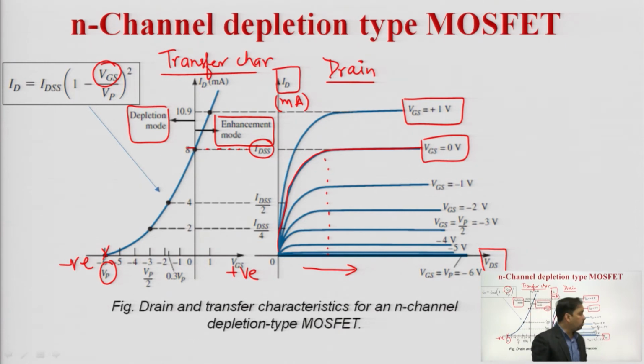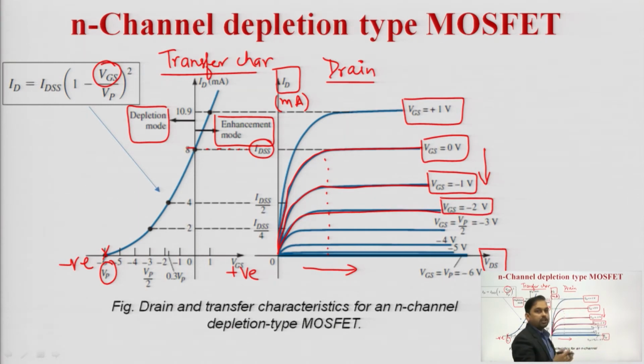Now we have seen that as VGS increases in the reverse bias direction, or when VGS is less than 0, the effective width of the channel decreases, due to which the current decreases. So we have the second curve corresponding to VGS equals -1, and next when VGS equals -2, -3, -4 and so on, as we increase VGS in the negative direction, the current decreases.